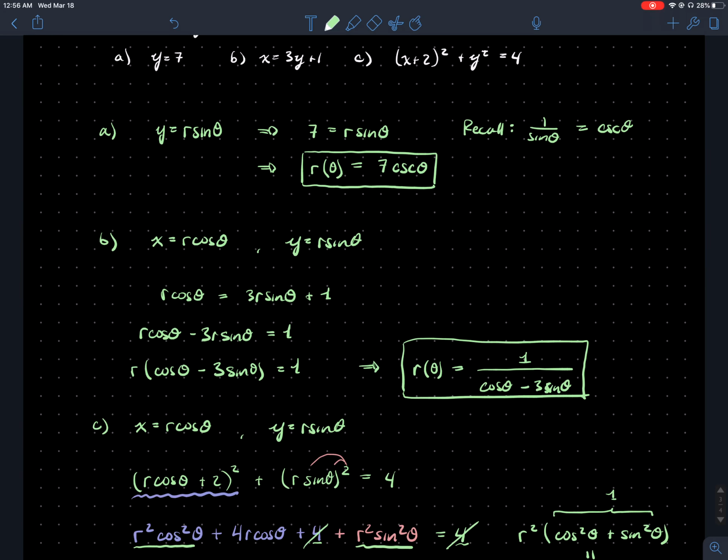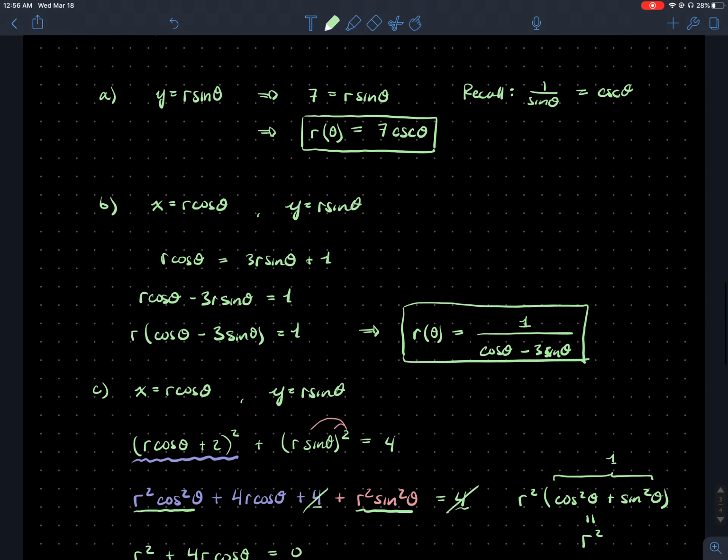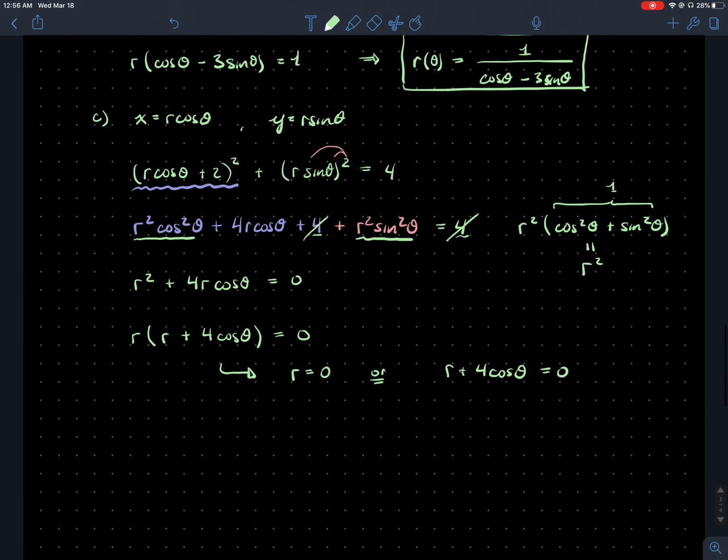This original equation is a circle of radius 2 that's shifted to the left by 2, and so r being equal to 0 would not capture that. With r equal to 0, this is just a point, because it never extends out, it just rotates on this point.